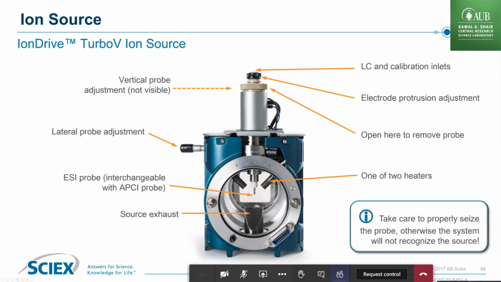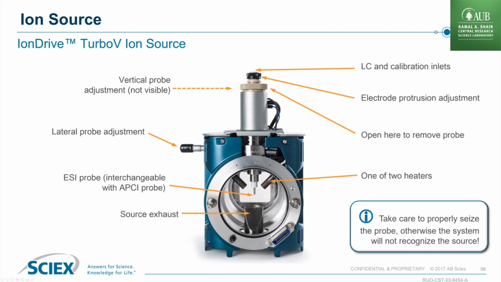You have some adjustments for the position of the source, a vertical one which is behind and a lateral one here. To be honest, I don't play too much with the source position. You sometimes read a lot that people tune the source position and so on. For general work, a wide detection of a wide amount of compounds, I would just leave the source right in the center.